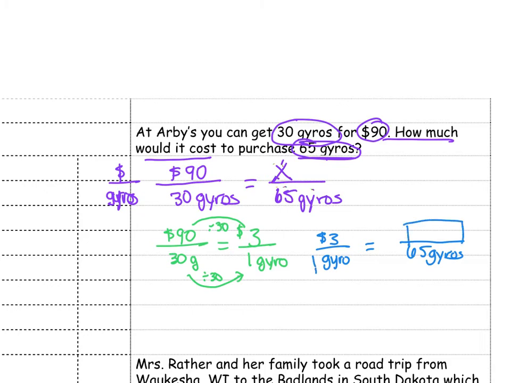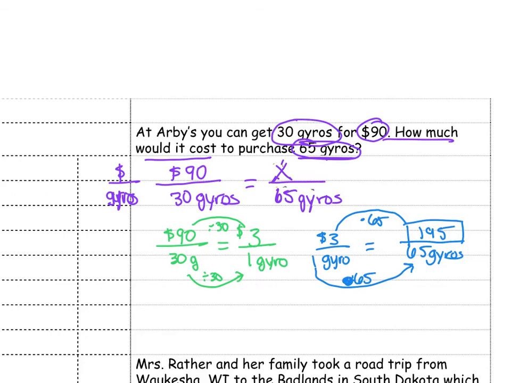So 1 times 65 is 65. So I have to do 3 times 65. And again, pause and do that calculation and then start back again. I came up with 195.